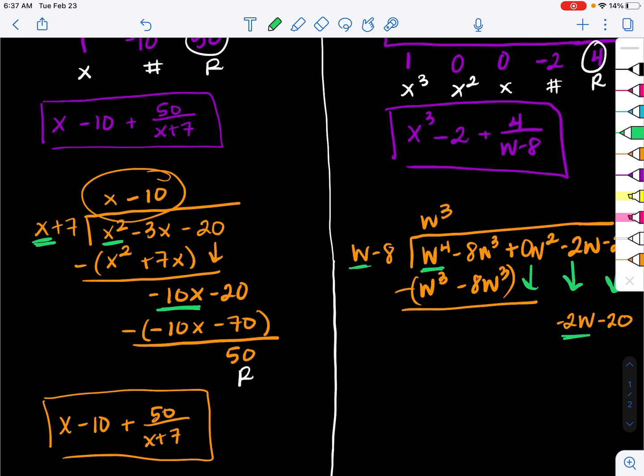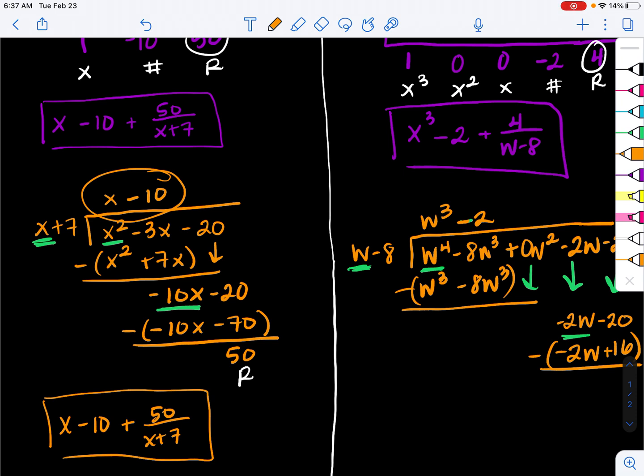Okay, divide that first term by the first term. Negative 2W divided by W is just a negative 2. Multiply it back out. Negative 2 times W is negative 2W. Negative 2 times negative 8 is a positive 16. Subtract your result. Negative 2 W's cancel out.